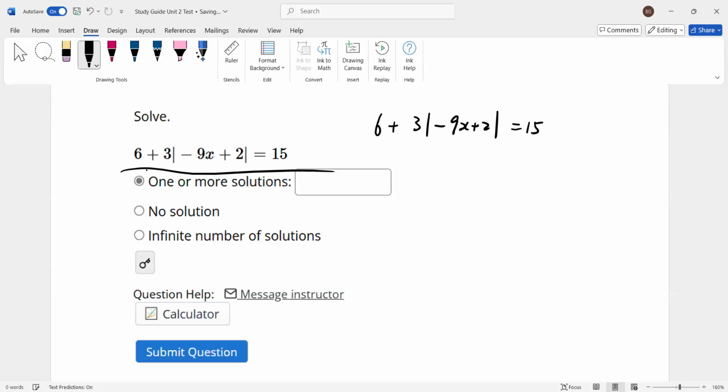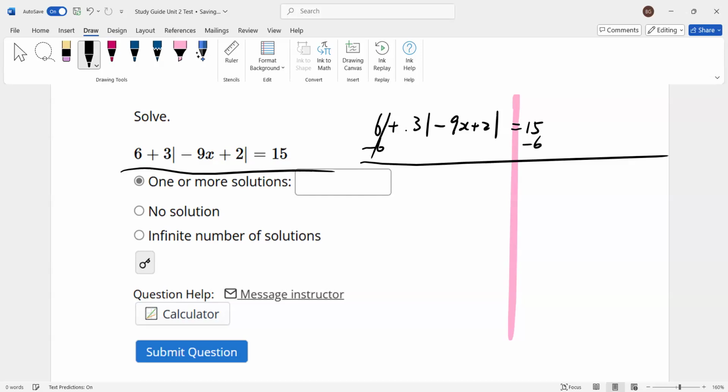We need to peel the onion. 6 plus 3 times the absolute value of negative 9x plus 2 equals 15. Minus 6 cancels, and we have 3 times the absolute value of negative 9x plus 2 equals 9. Divide by 3. We are peeling one layer at a time. 3 over 3 is 1. So we have the absolute value of negative 9x plus 2 equals 3.